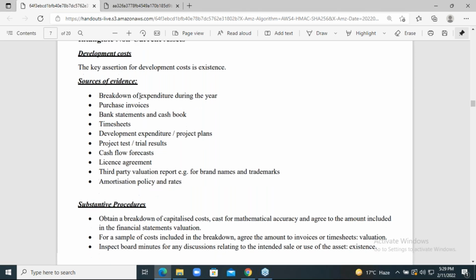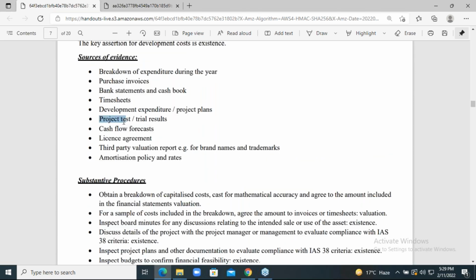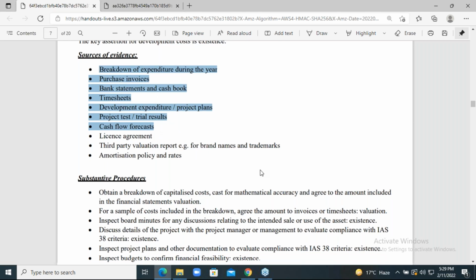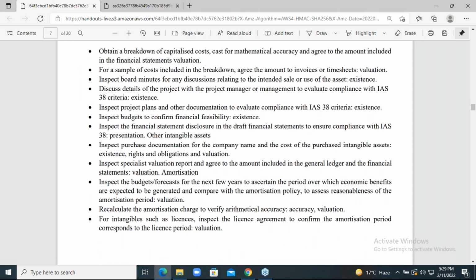For this, you must be aware of the project testing, project plan, bank statement and timesheets, purchase invoices breakdown should be obtained, and if you have acquired or purchased a license, then the license agreement. That is not required in this case, Andromeda. So from here to these procedures, these supporting documents are relevant now. These are the substantive procedures that will be applied.